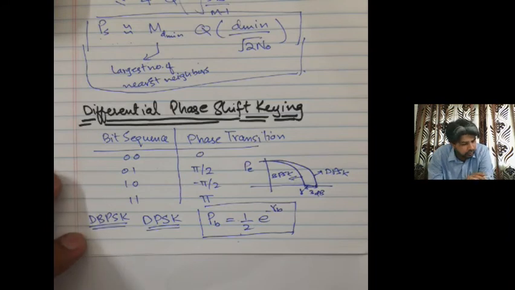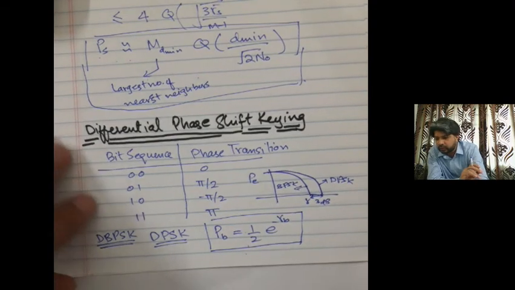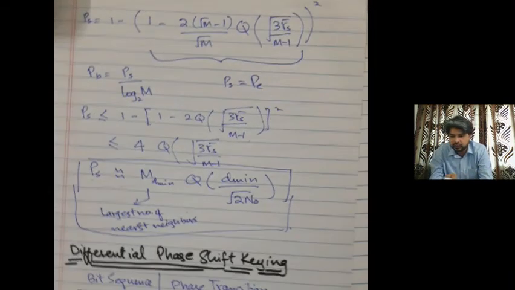So, as a last concluding point, we can say that for these linear modulation schemes, your symbol error probability as a function of gamma s can be approximated as follows.